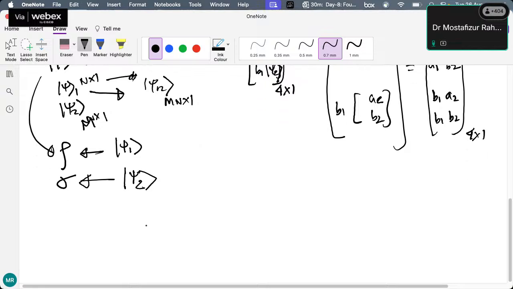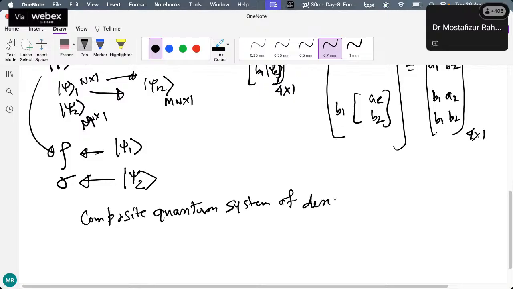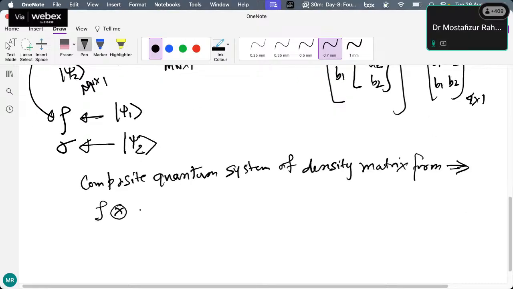So we can similarly form a composite quantum system in the density matrix form, and that one is rho tensor product with sigma, right?